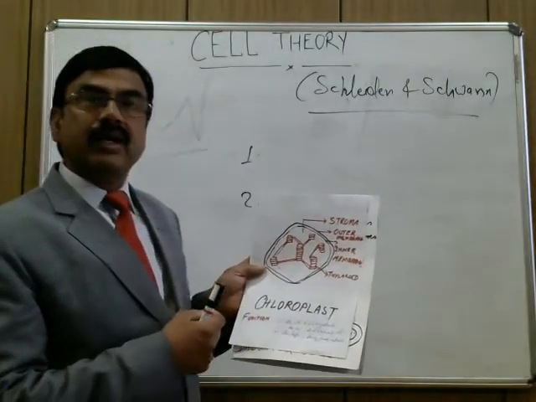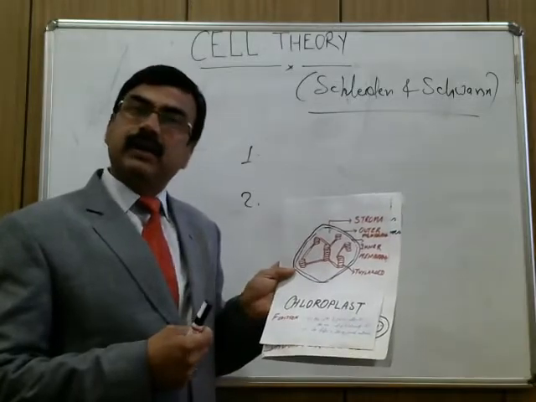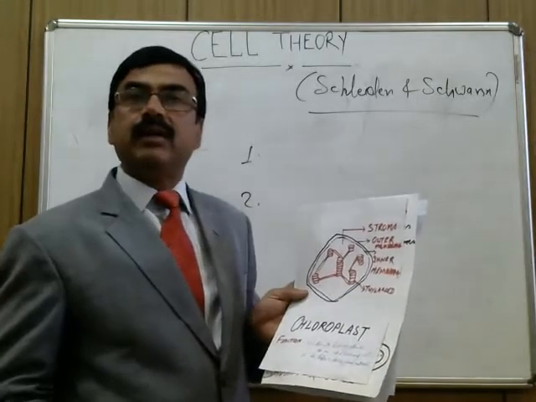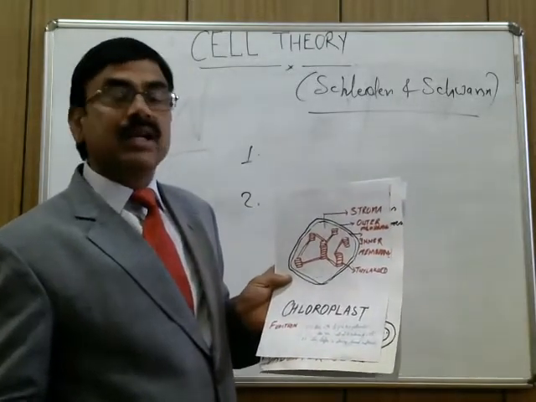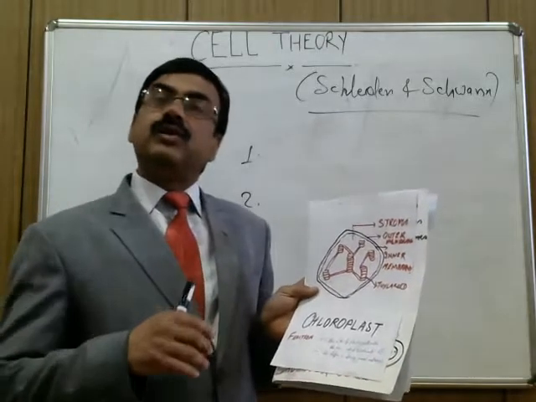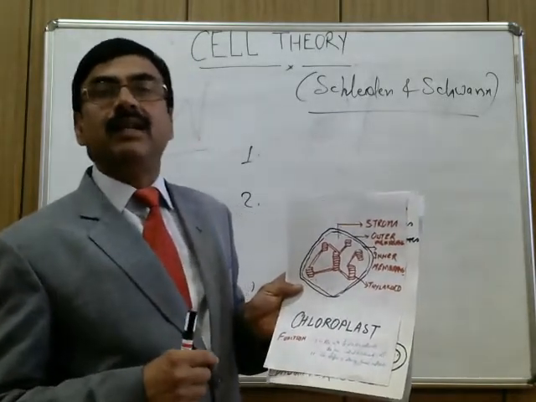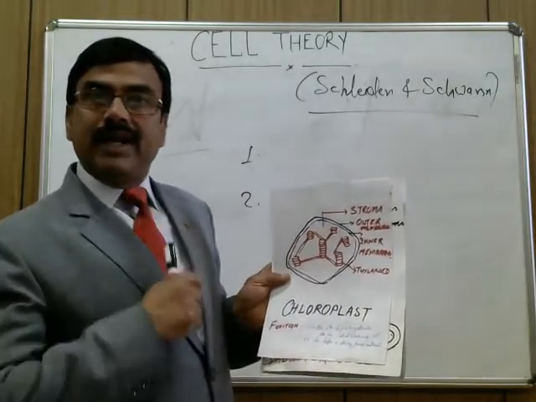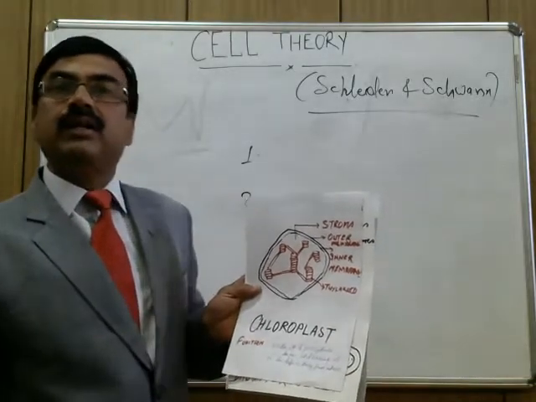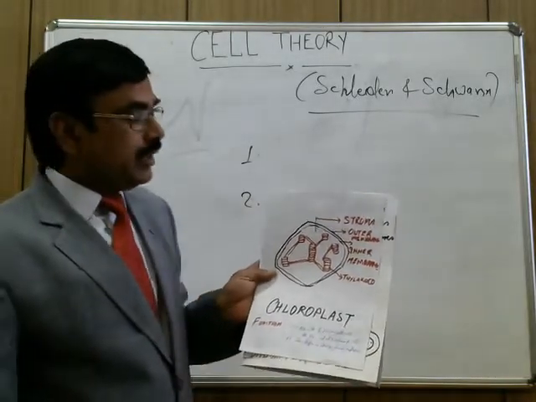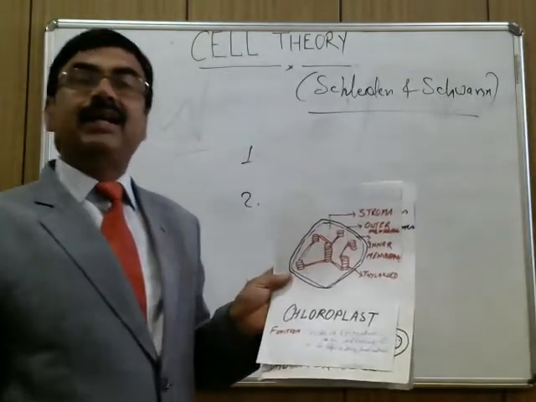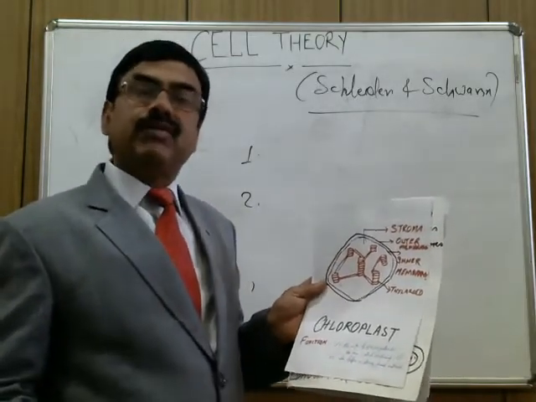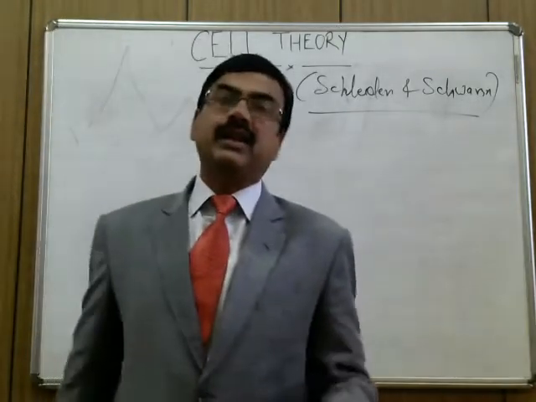One is stroma, which is responsible for the dark reaction, and another is grana, which is responsible for the light reaction, the light-dependent reaction. It means photosynthesis takes place in the light and also in the absence of light. So the grana is the site. There will be a question for you: what is the site of light reaction, and what is the site of dark reaction.